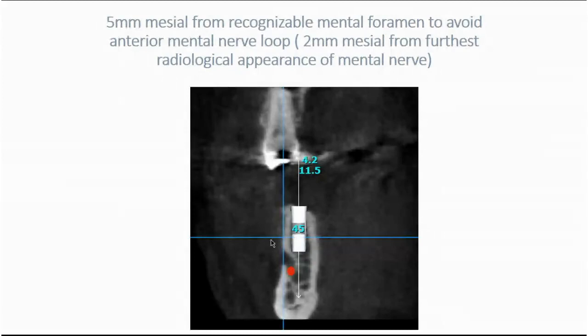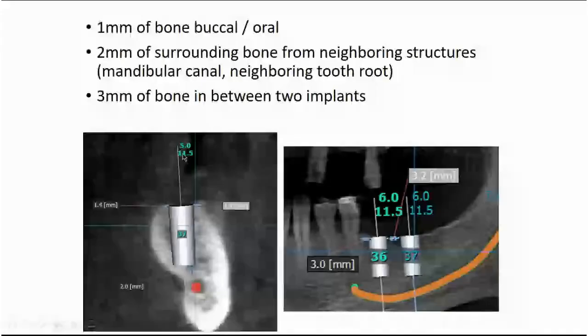We will not need to run far away from the mental foramen and look for the loop, because the projection itself will help us to use these anatomical structures as best as we can.